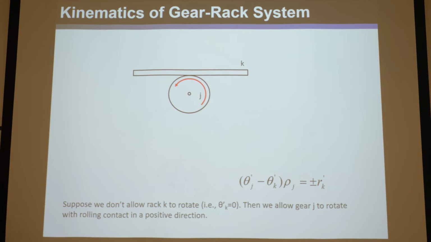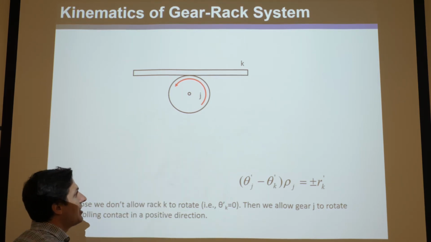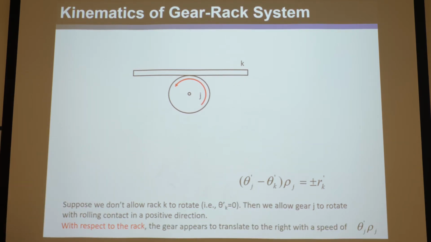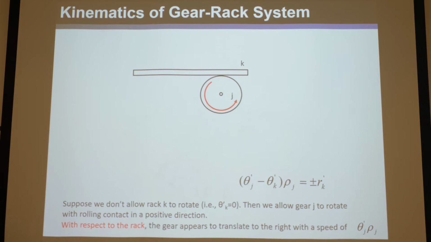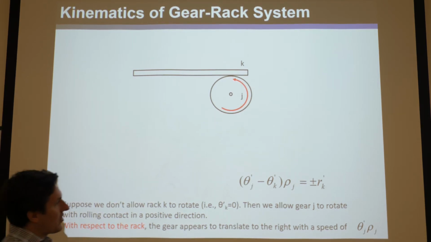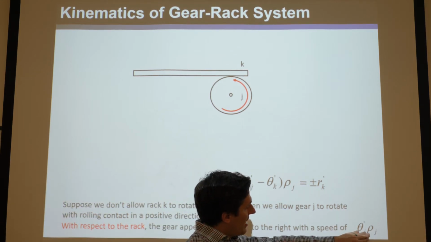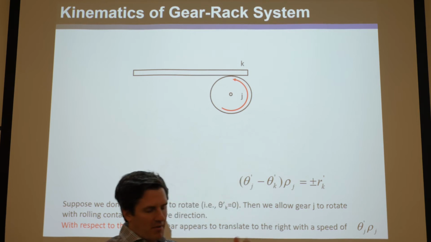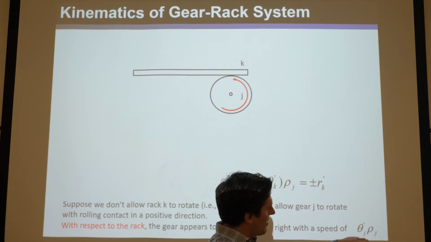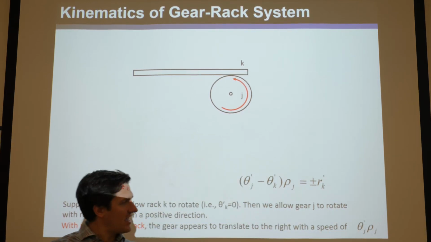Well, if we allow theta j prime to rotate in a positive direction according to the right-hand rule, and k is just fixed, it's not moving, then you're going to get something like this. You see how it's kind of moving over, and the speed that it will move over is, of course, omega j prime times rho j. So remember, theta j prime times rho j, where you can think of this as a speed.